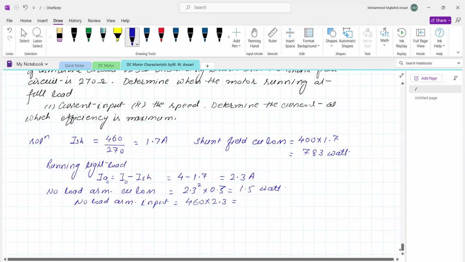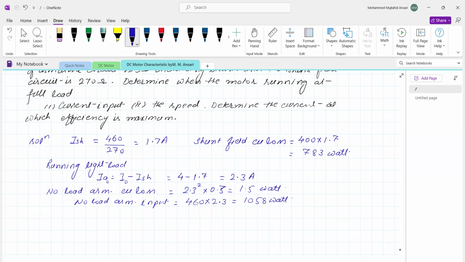So it is 1058 watt. This is the armature input. The copper losses in the no load condition are very small, hence they can be neglected.